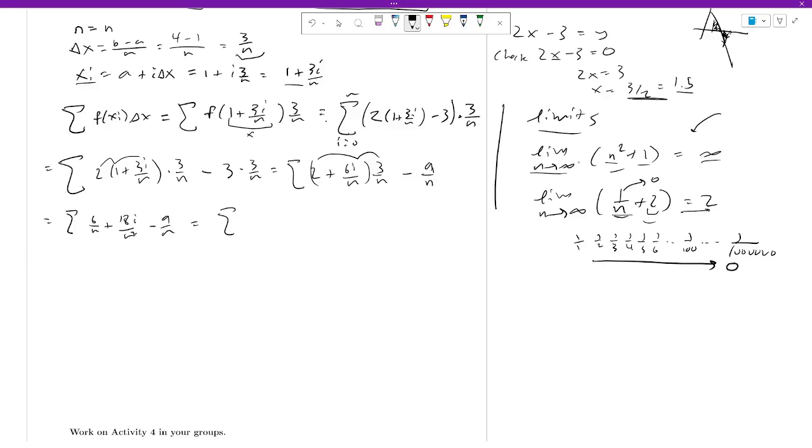You can go ahead and combine the terms, right? These terms are like the same units. They're both something over n. So I can do 6 minus 9 of those, which is negative 3 over n. And then I also have this 18i over n squared. Great.